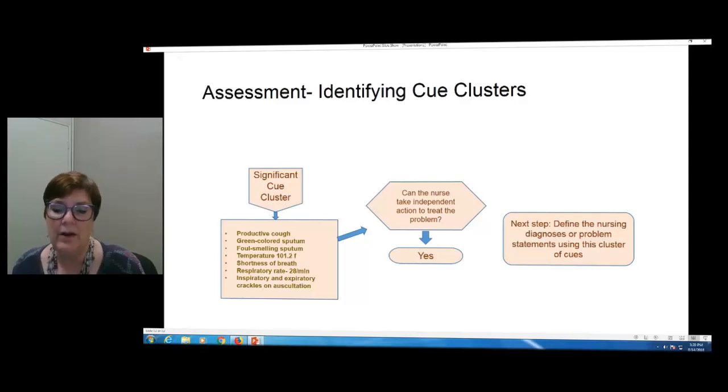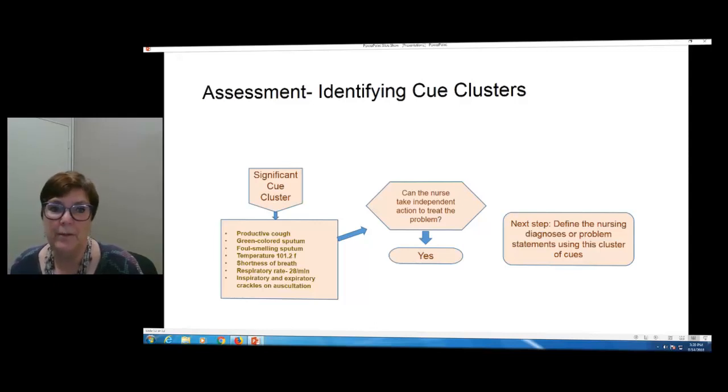Yes, there are. So this is our assessment data that we have identified and clustered, and we're figuring out there is a problem related to this cluster of cues. So our next step would be to define the nursing diagnosis or problem statements using this cluster of cues.